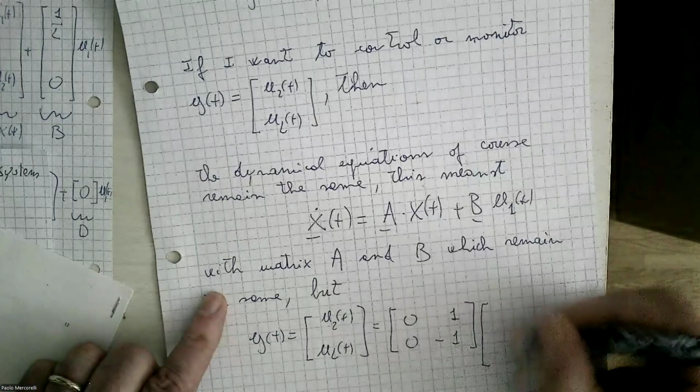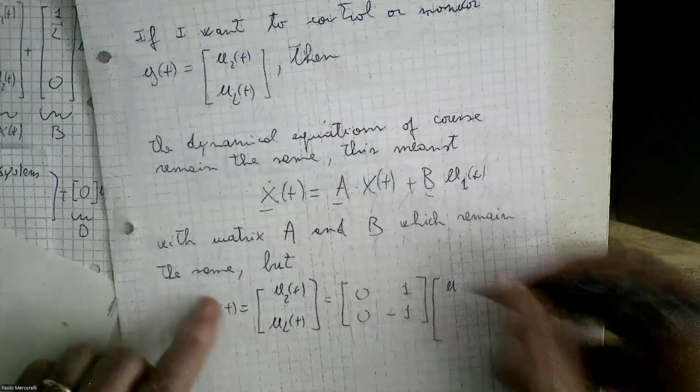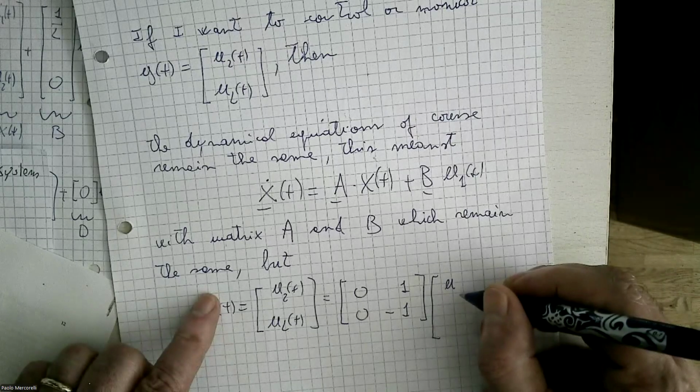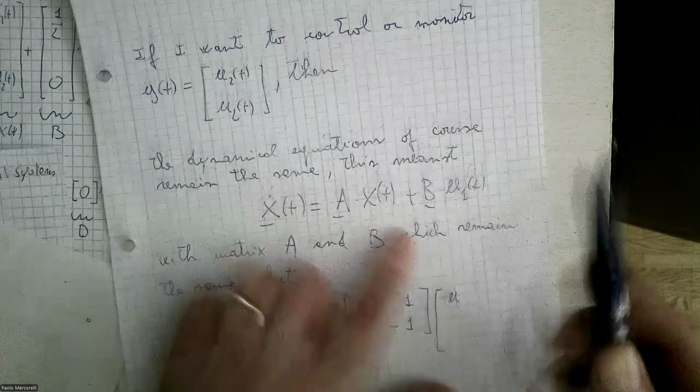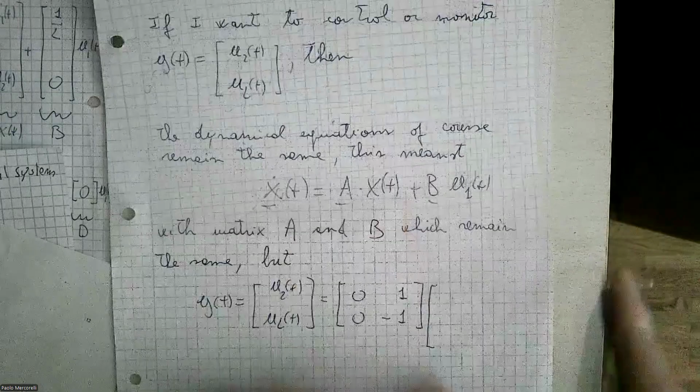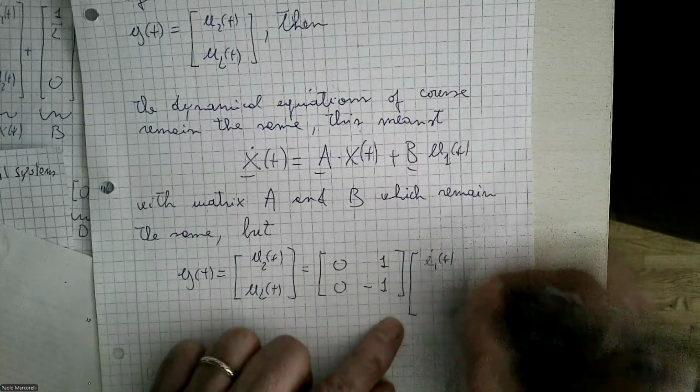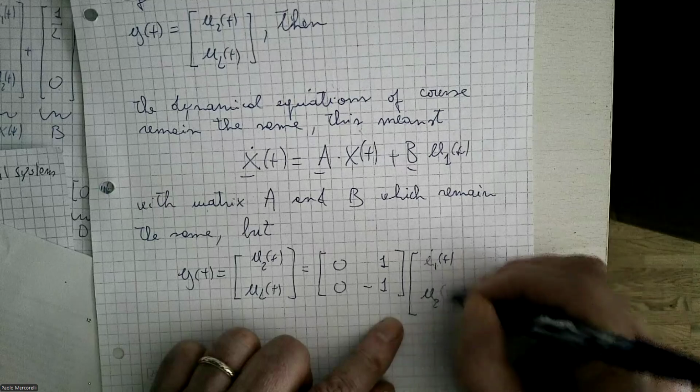Now the matrix C. The first state is I1. The second is U2.